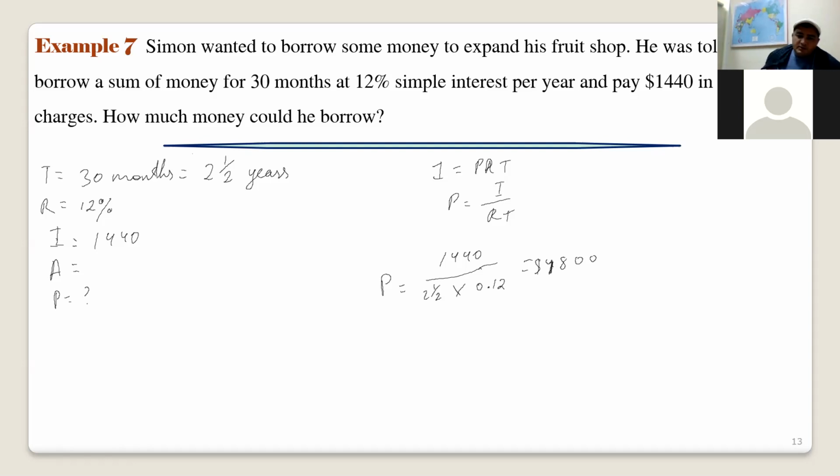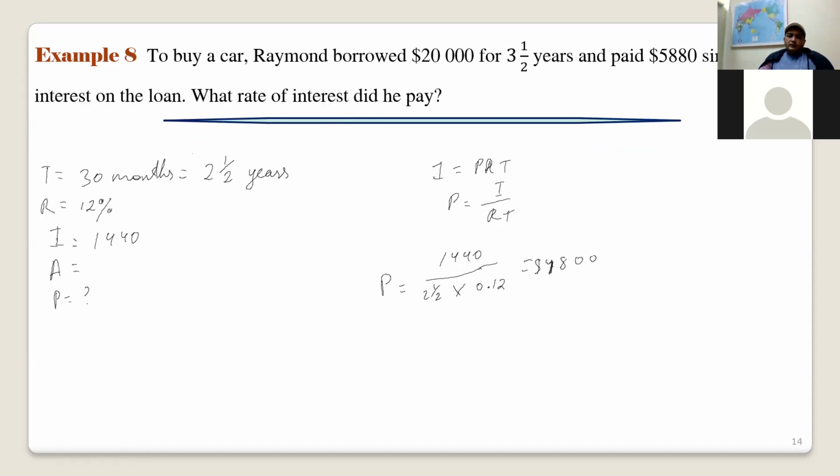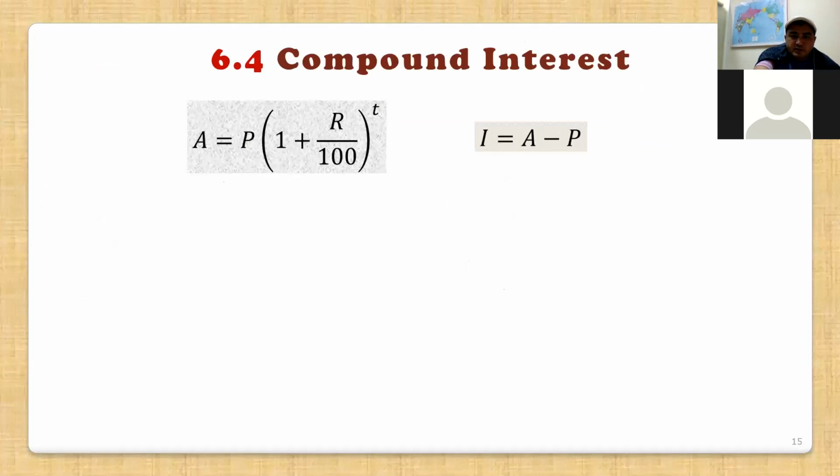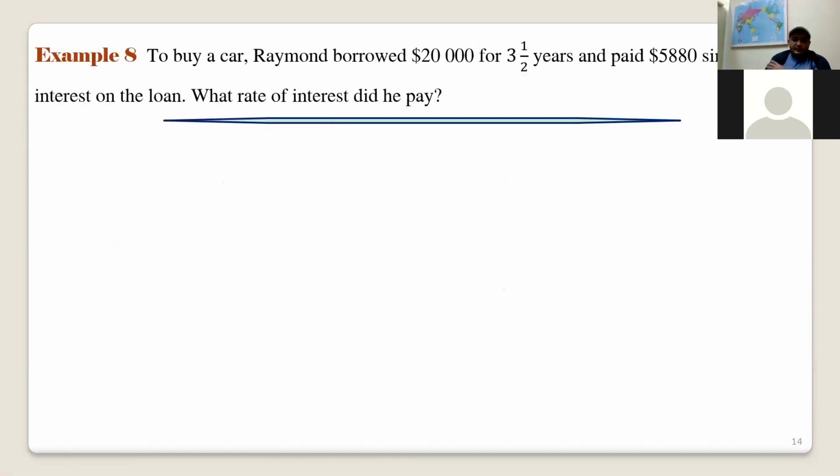Okay, good. Let's continue. That's our last question about simple interest, I guess. To buy a car, Raymond borrowed $20,000 for 3.5 years and paid $5,880 simple interest on the loan.